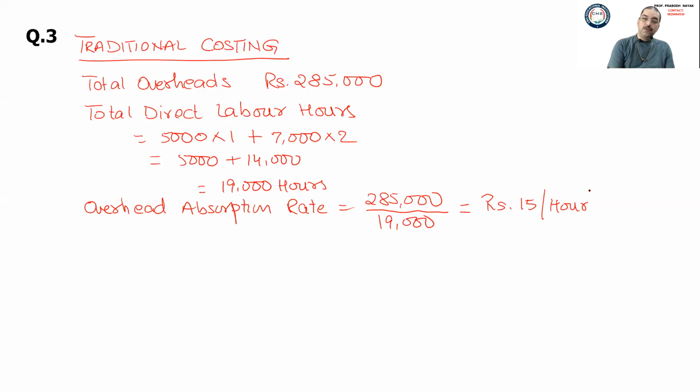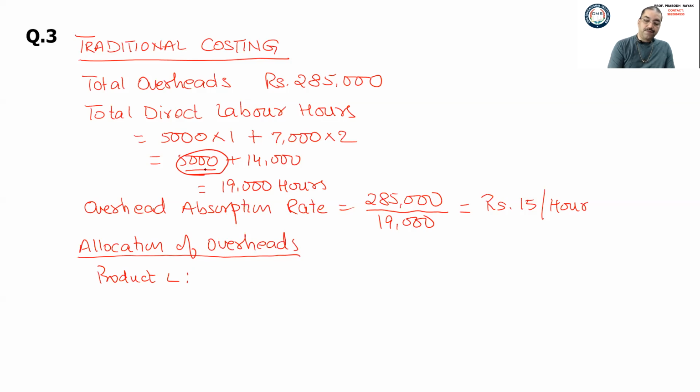Correct? Now, allocation of overheads. Product L. How many hours of product L? 5,000 hours. What is the rate per hour? 15 rupees. So 5,000 into 15, that comes to 75,000.